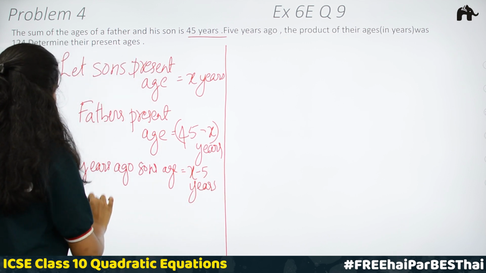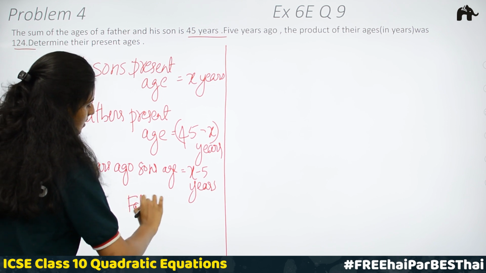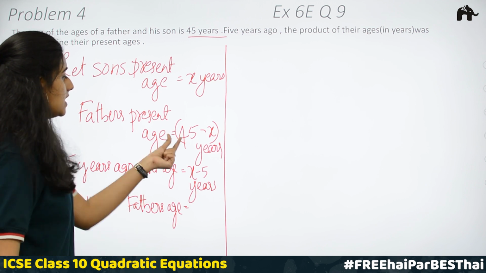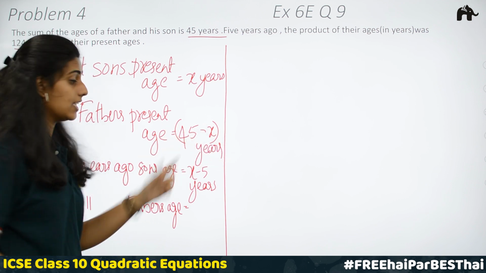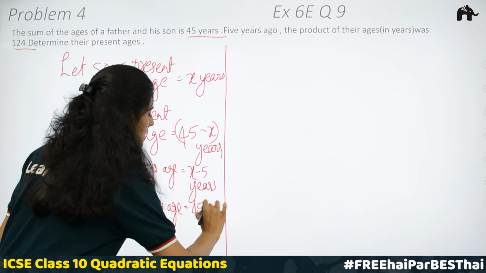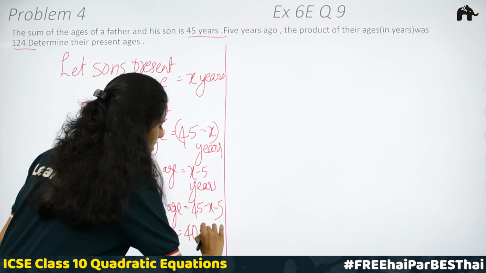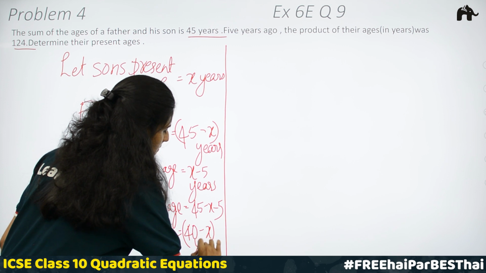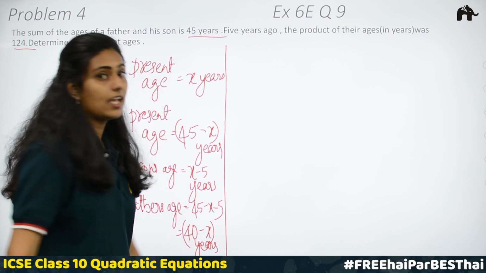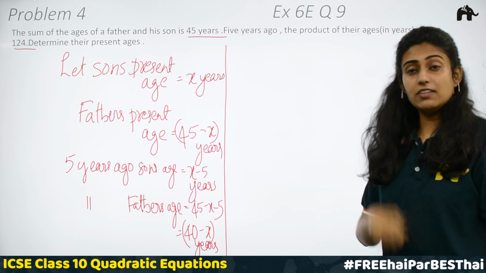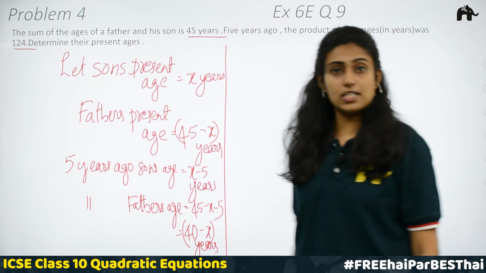What about father's age? 5 years ago, father's age is equal to present age, which is 45 minus x, minus 5. That is 40 minus x years.